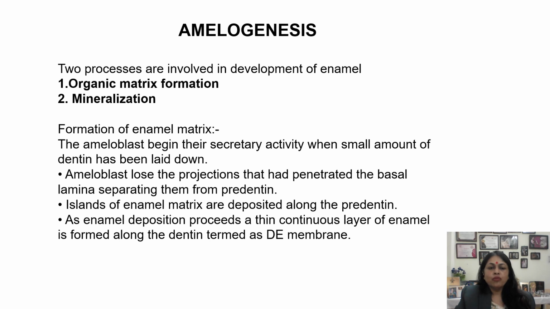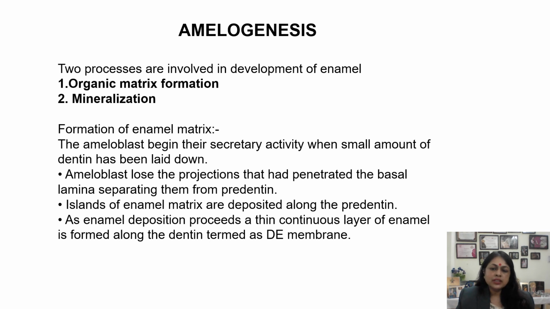Once this first layer of dentine is laid down, the ameloblasts lose the projection that had penetrated the basal lamina, separating them from the predentine. Why does this happen? Because now the islands of enamel matrix that is produced are deposited along the predentine layer. As enamel deposition proceeds, a thin continuous layer of enamel is formed along this dentine, and this is termed the dentino-enamel membrane.